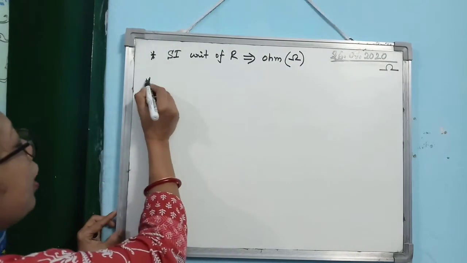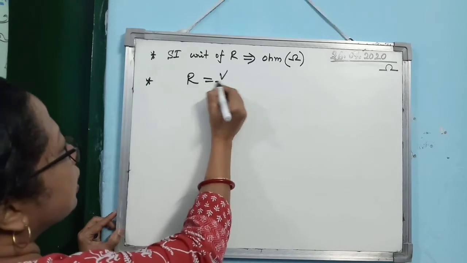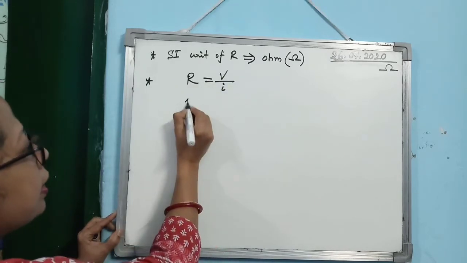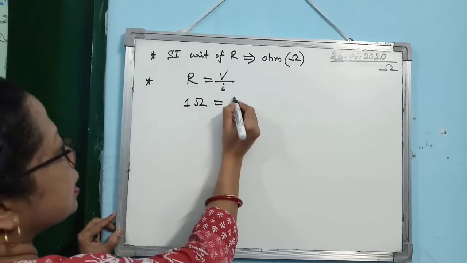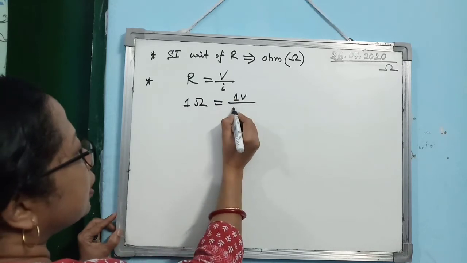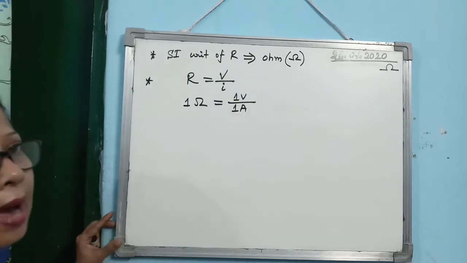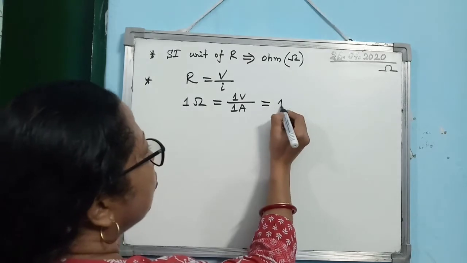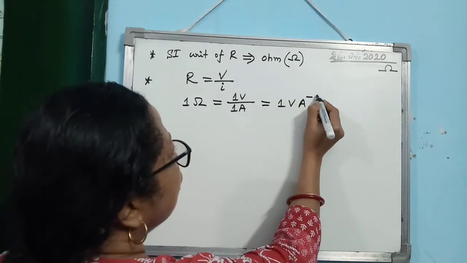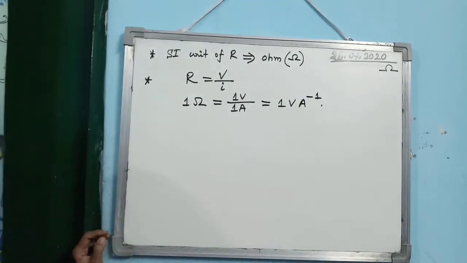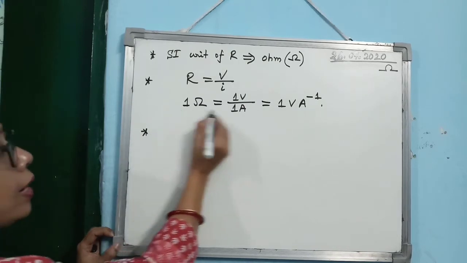Now according to this relation, R is equal to V by I. What can you write? 1 ohm is equal to 1 volt divided by 1 amp. So 1 ohm you can write as 1 volt per amp. Clear? So how can you define 1 ohm?